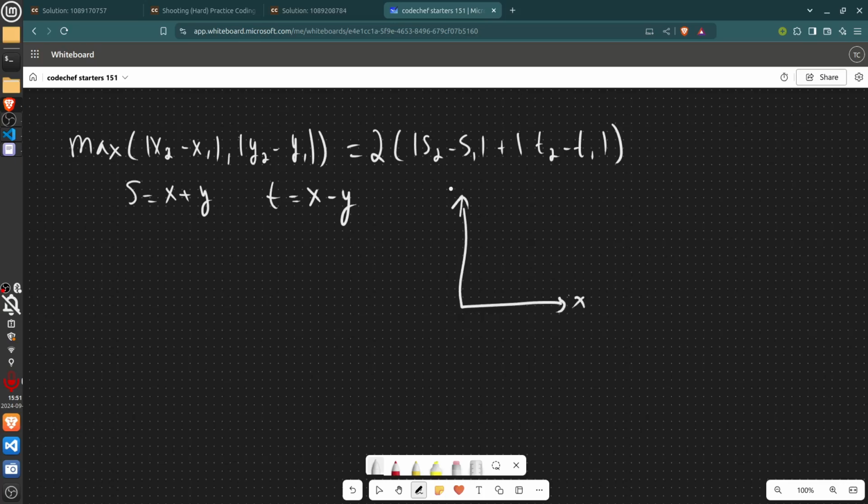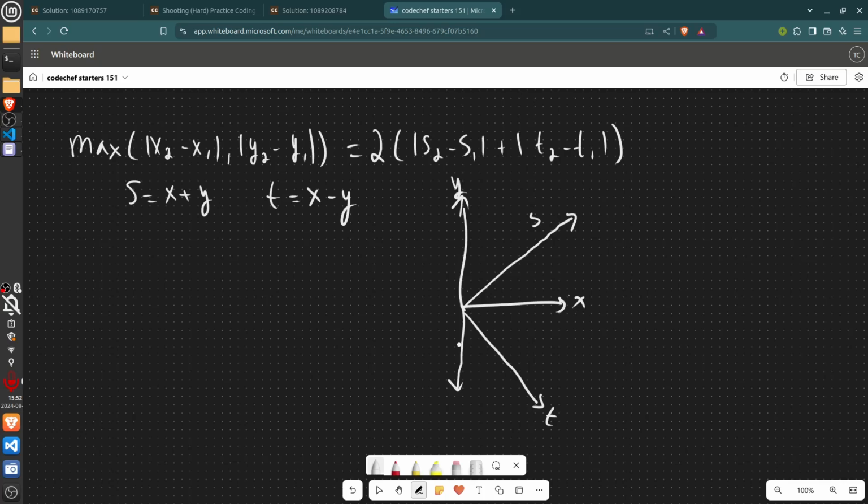If this is my X and Y, then think of X plus Y as your bisector line, and X minus Y is like the bisector going through here. So now you have your S and your T. It's kind of like the coordinate system is rotated 45 degrees clockwise.